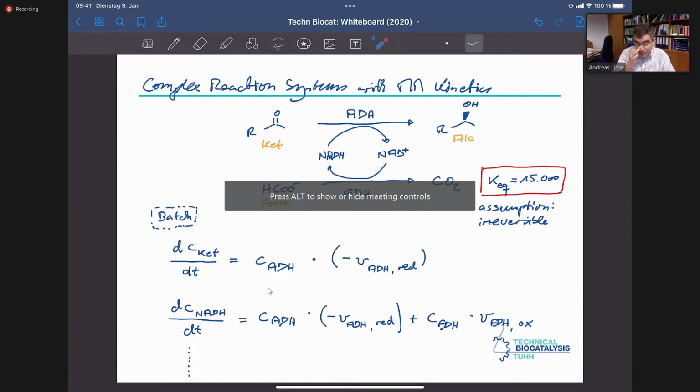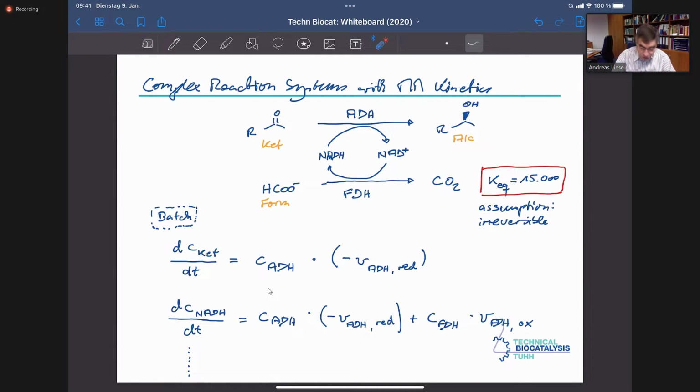So now here you're lucky with the FDH, because with the FDH we have the big advantage, we have a KEQ of 15,000. Therefore we're saying this thing here we're discussing is irreversible.